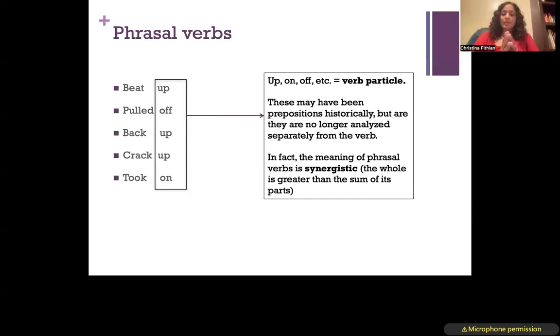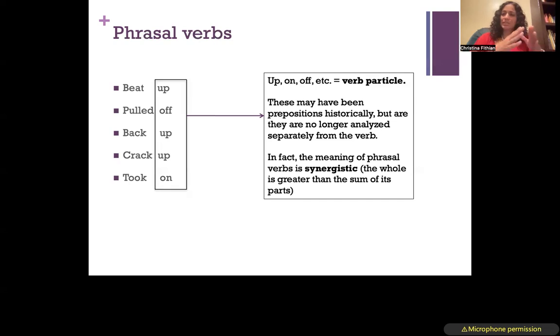And the interesting thing about phrasal verbs is that they take on a synergistic meaning, meaning that the whole is greater than the sum of its parts. So, for example, let's take crack up. We're not literally cracking up, right? This means to laugh really hard, to enjoy something.